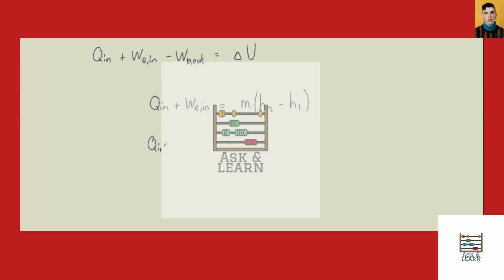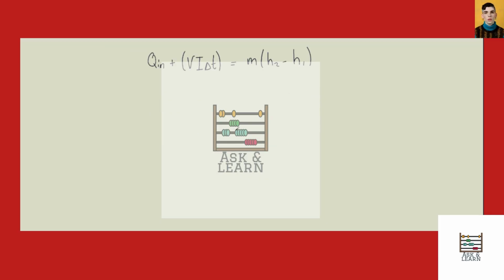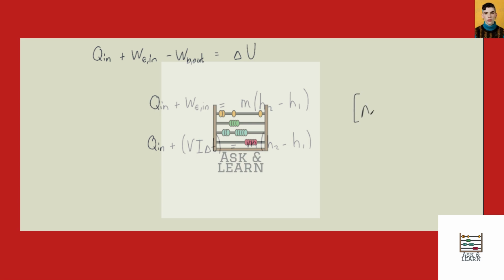So essentially the heat in plus the work done by the current, which is V I delta t, the power times the time, is equal to m times the enthalpy of state 2 minus the enthalpy of state 1, the specific enthalpies. And this is because, remember, for a constant pressure quasi-equilibrium process, delta U plus the boundary work is equal to the change in enthalpy. The change in internal energy plus the boundary work gives us the change in enthalpy of the system.